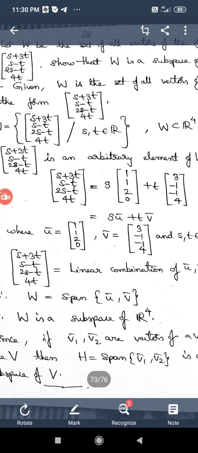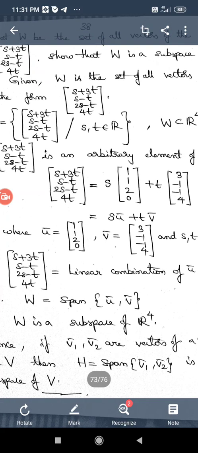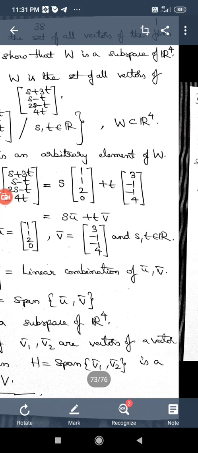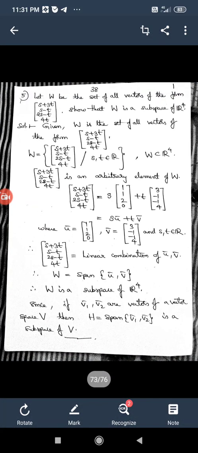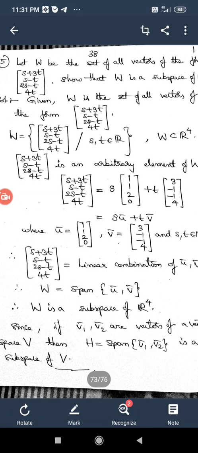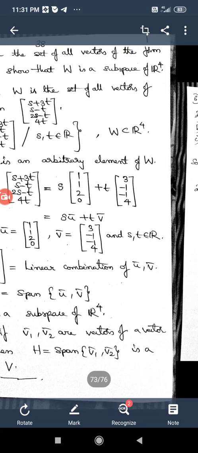By this definition of W we can understand that W is a set consisting of some particular 4 by 1 column vectors of such form. So W is a subspace of R4, and we can see that (s + 3t, s - t, 2s - t, 4t) is an arbitrary element of W.